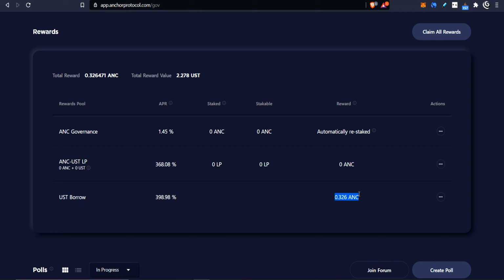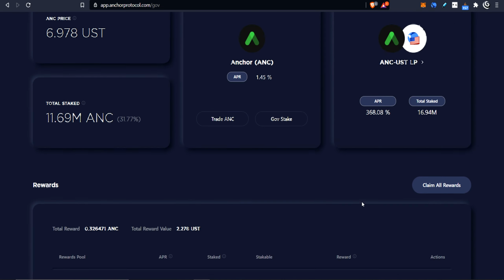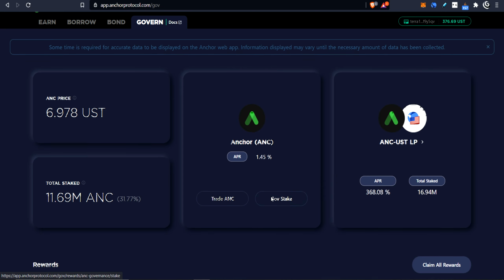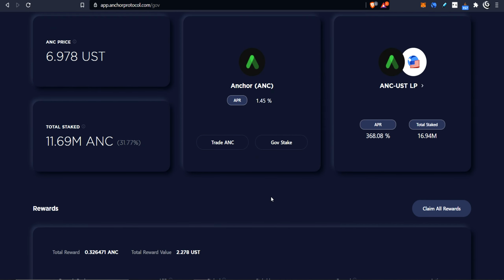And these are the tokens that I am being rewarded in, which are ANC tokens, anchor tokens. So I'm getting these, and I can claim them anytime I want, and I can do what I please with them. I could sell them at the market, or I could take them here and stick them in here. So if I stuck them in here, I'd gain 1.45% APR, which is not bad, and I can take part in governance. I can start voting and stuff like that, which is interesting and important, right?